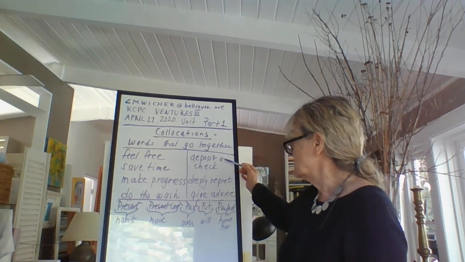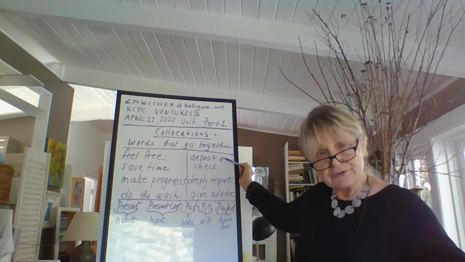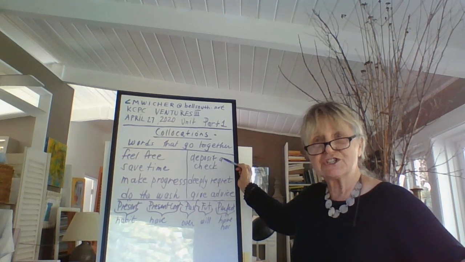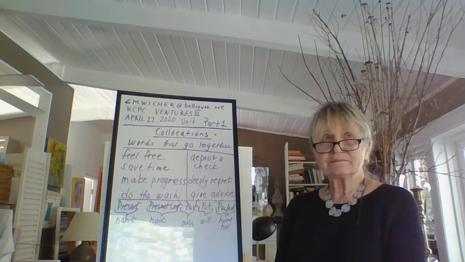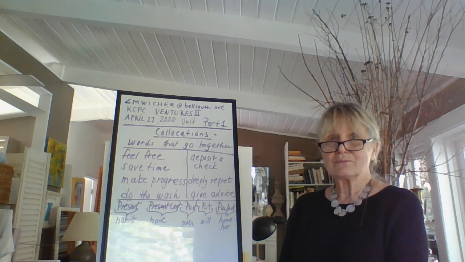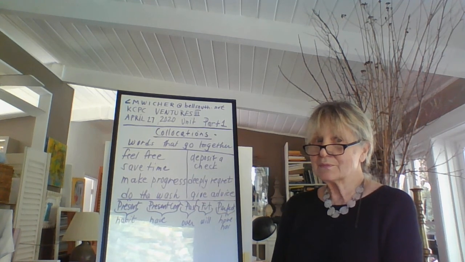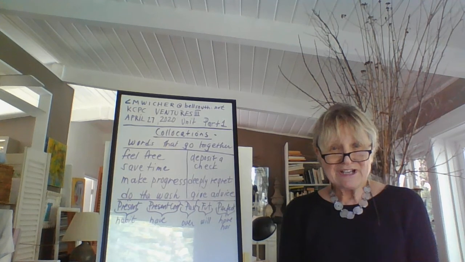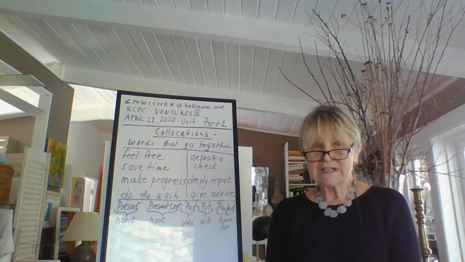Okay, next one, deposit a check. So those usually go together and that forms this particular collocation. So what is it? Deposit a check. Good. One more time. Deposit a check. The next one, deeply regret. What is it?